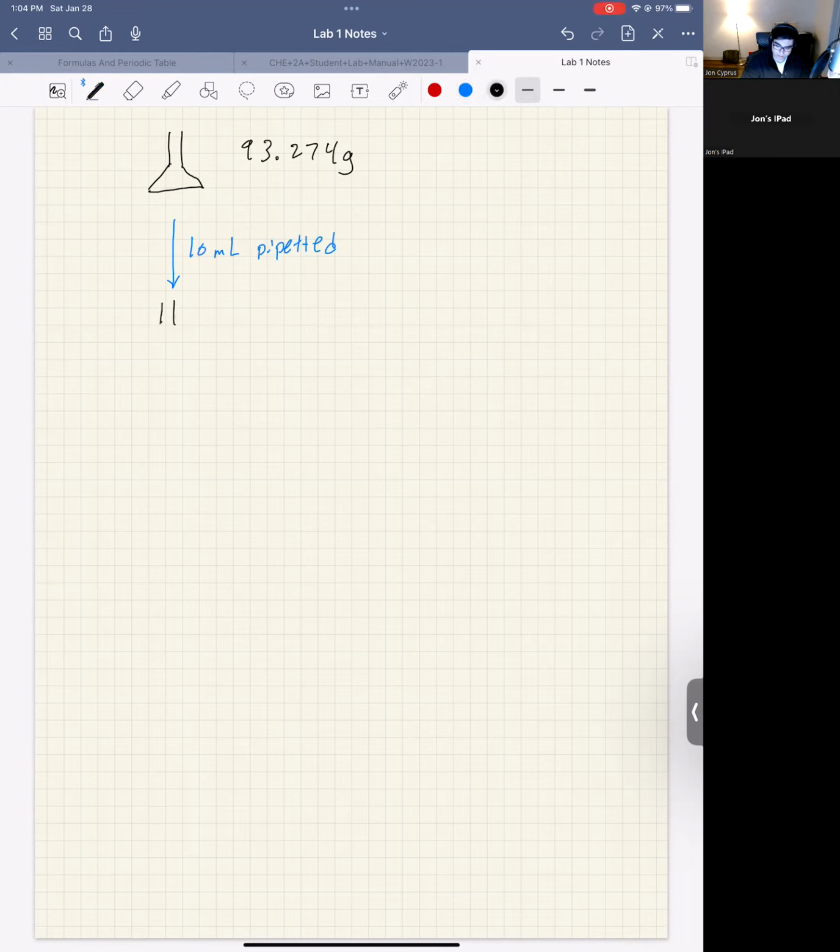Now you have some water in your flask like this, and you took the mass of this flask, and you should have gotten about 10 grams added. Again, I'm just going to make up a number here.